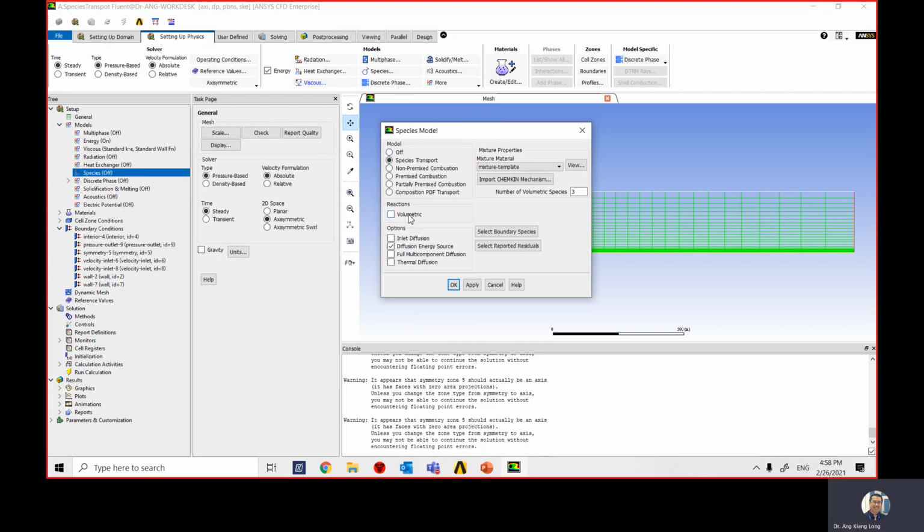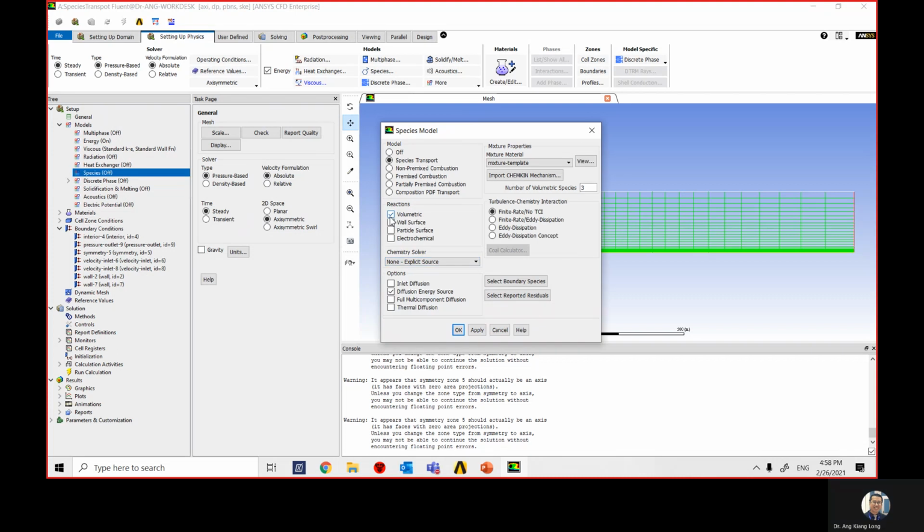And then we go to reaction. We're going to activate the volumetric reaction. So as you can see, the more you click, the more detail you can set. And then you go to mixture properties here. We're going to change the mixture material to methane air, because our mixture is between methane and air.